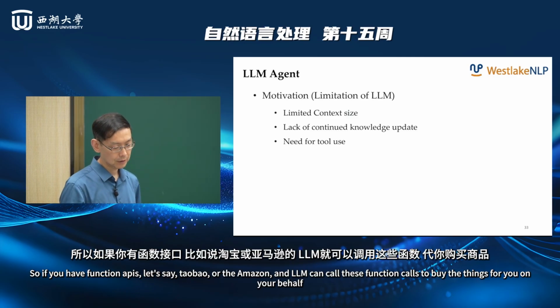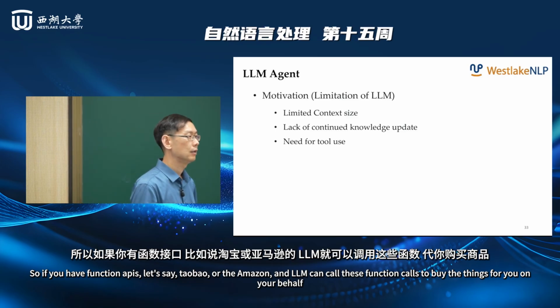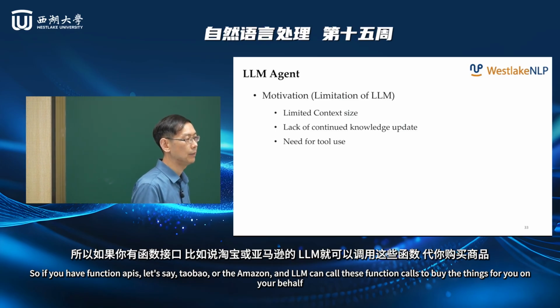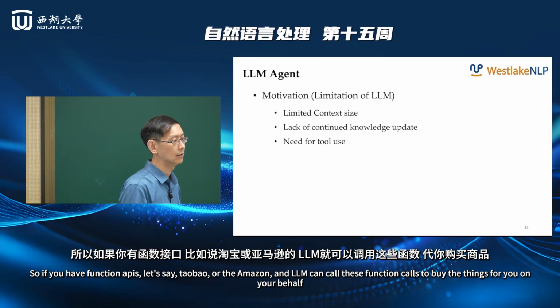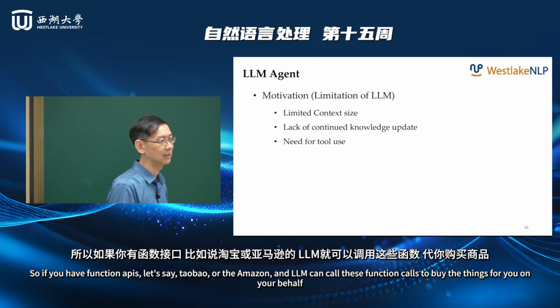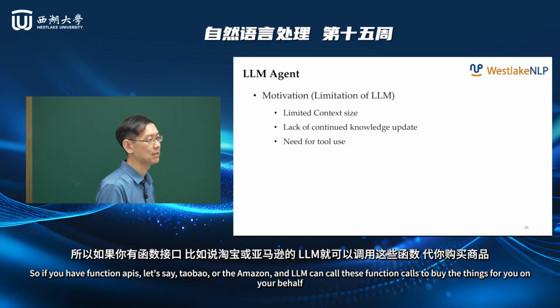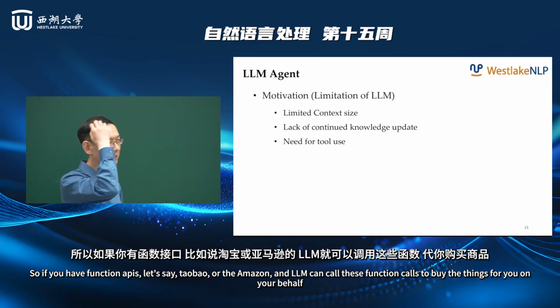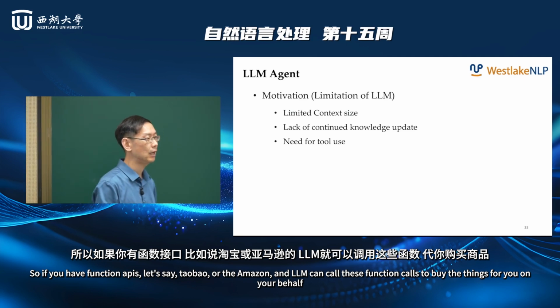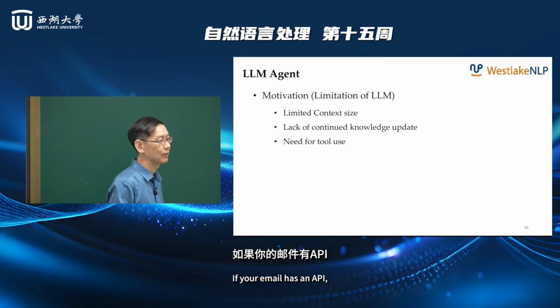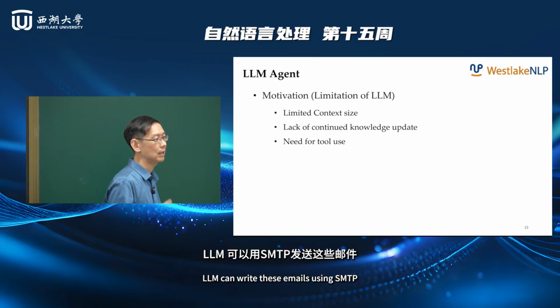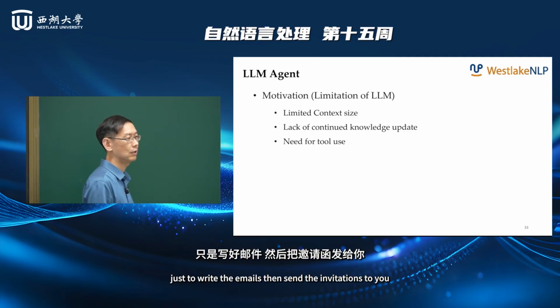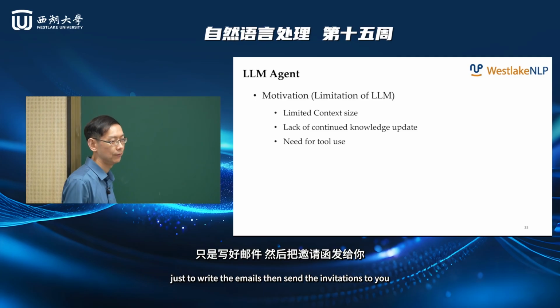So if you have function APIs, like Taobao or Amazon, the LLMs can call these functions to buy the things for you on your behalf. If your email has an API, the LLM can write these emails using SMTP and send the invitations to your friends.